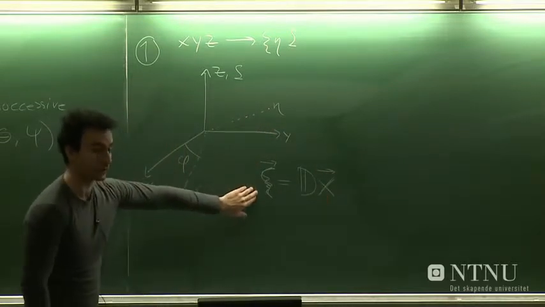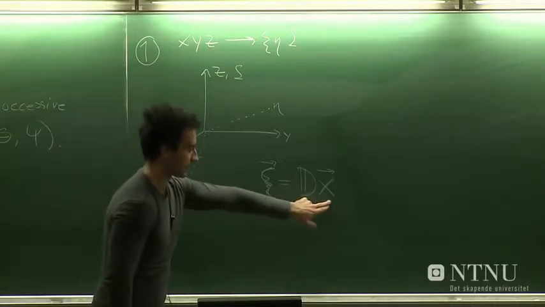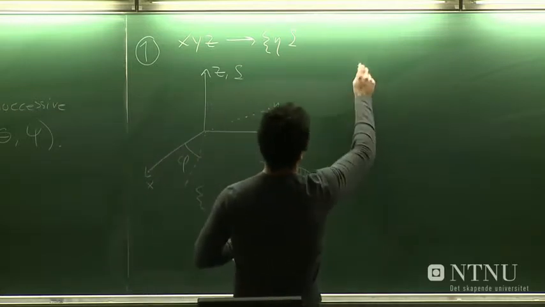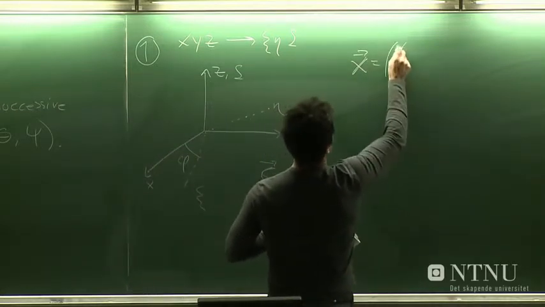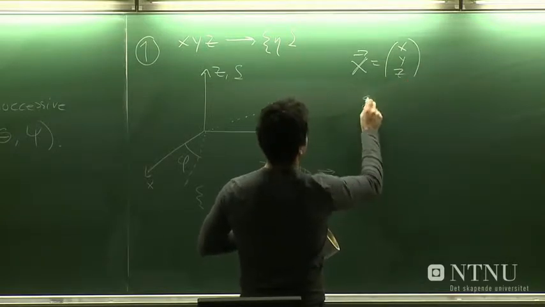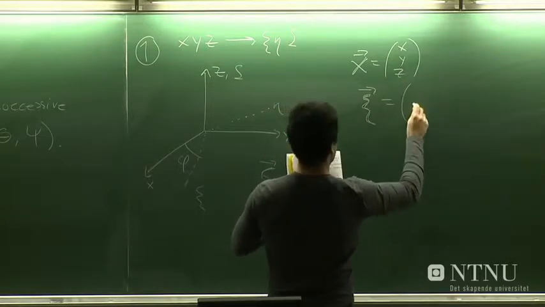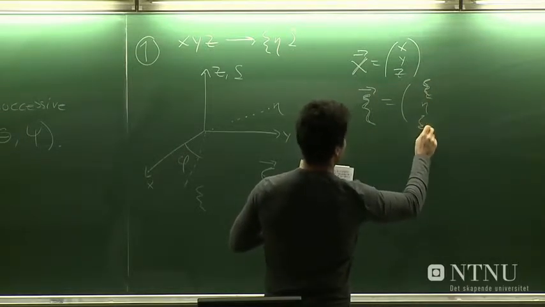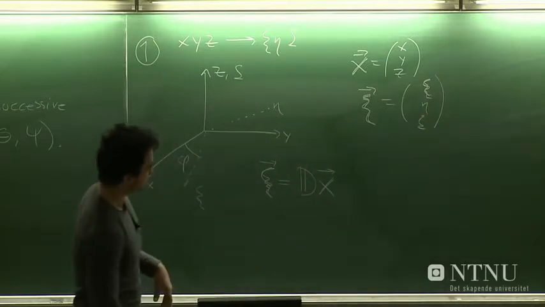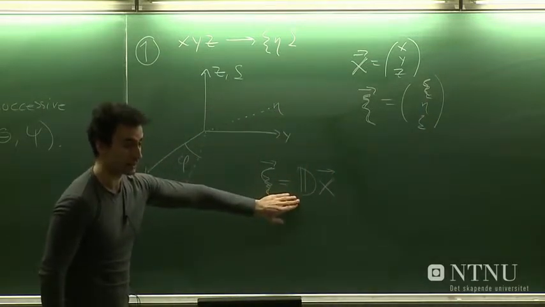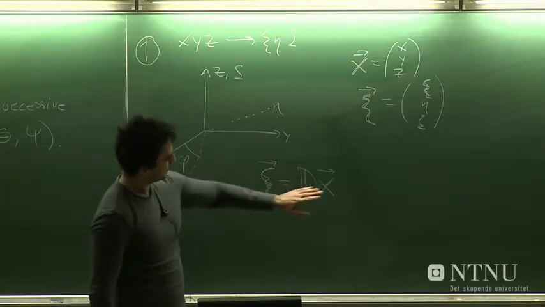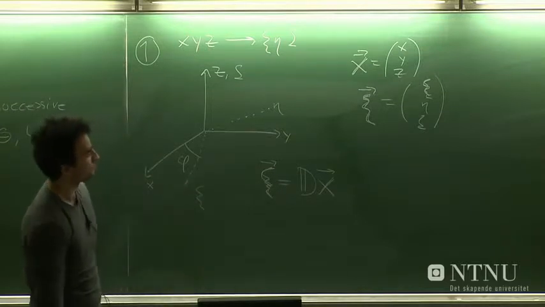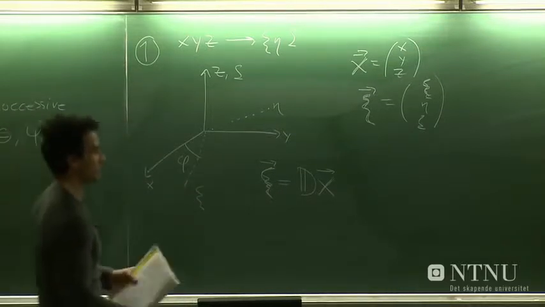So if this is a vector in the new coordinate system, and x is a vector in the original coordinate system, we have the following. So D is here some rotation matrix, which takes us from x to xi. That's the first step.